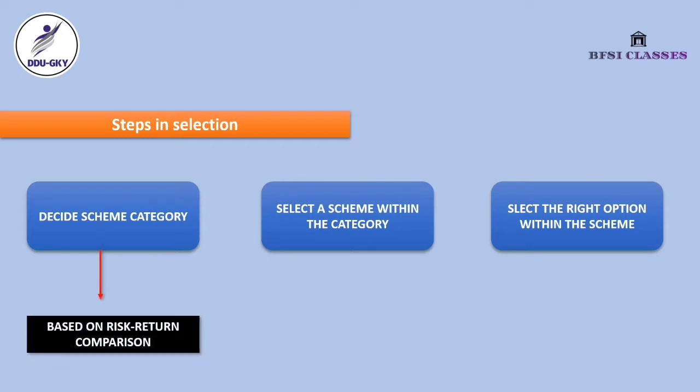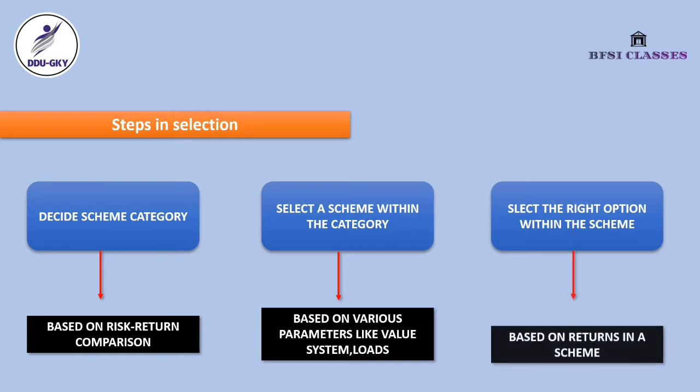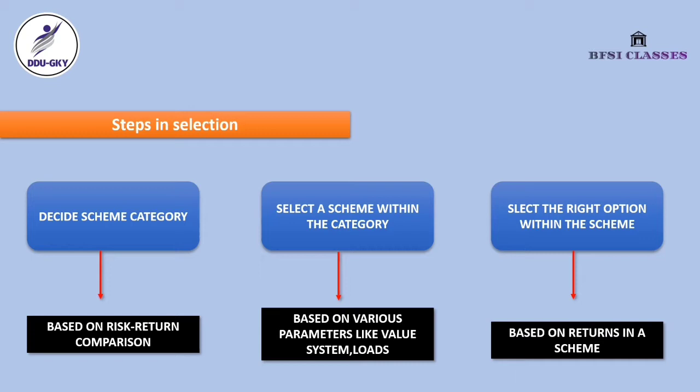Decide scheme category means the selection should be based on risk-return comparison. Before the selection, a financial planner should compare the risk and return trade-off of various funds. The second step, select a scheme within the category, means the selection should be based on analyzing various parameters like value system, loads, etc. The third step is to select the right option within the scheme.